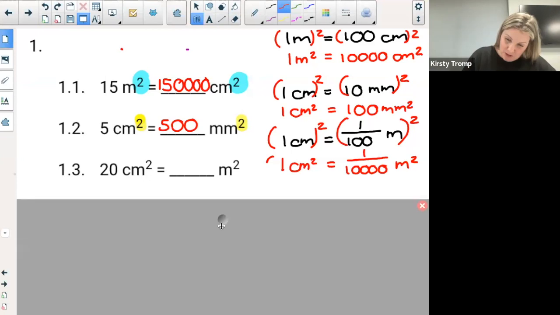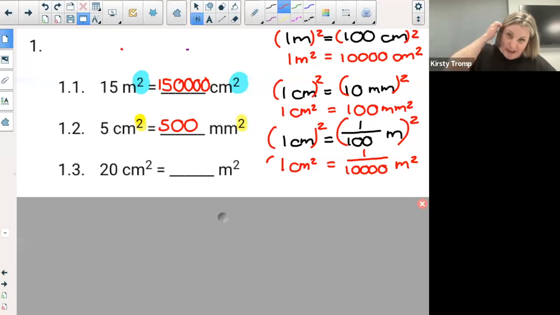So here, what are we going to have? I need to take 20 and divide it by 10,000. That means I need to move this comma 1, 2, 3, 4 times.